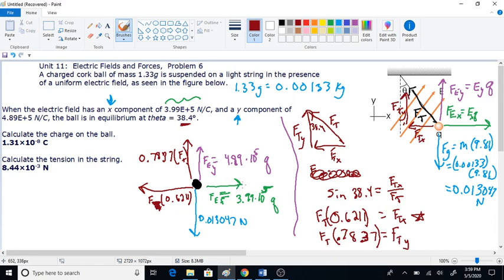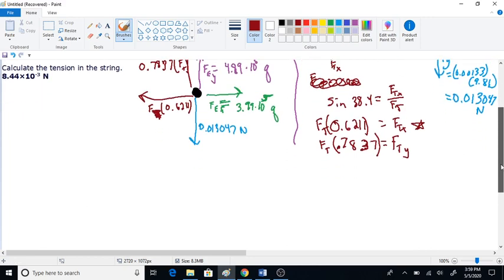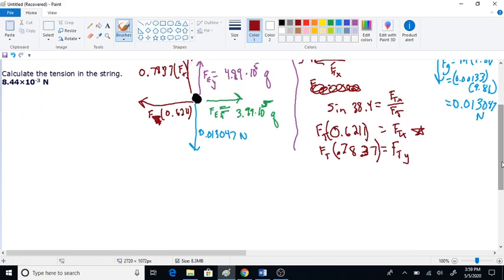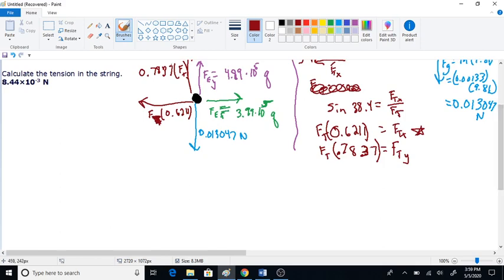Now this thing is in static equilibrium, so the x's equal each other and the y's equal each other. So we're going to write those two expressions, set up the system of equations, and solve for q. Okay, so there we go. The sum of the forces in the x direction, equilibrium. So we know the sum of the forces in the x direction is 0.